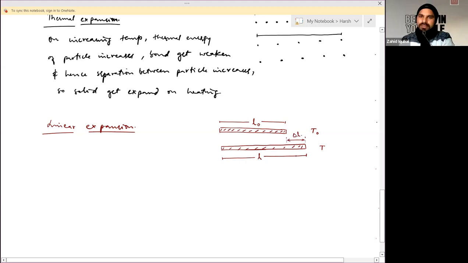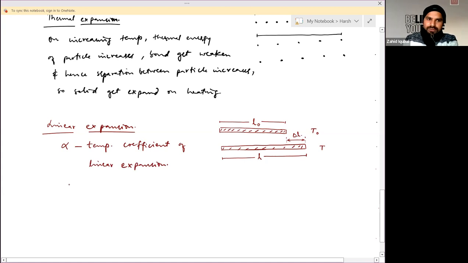To define this particular elongation or change in length, we may introduce a constant quantity alpha, which is called the temperature coefficient of linear expansion.